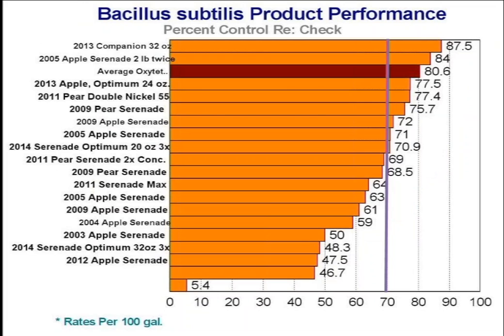And this is another category of product, the Bacillus subtilis products, that also have done fairly well. In general, they're not quite as good, they're not as impressive as the coppers and the Blossom Protect, but for the fact that they're very safe on fruit finish, I think that these are going to be very useful products.